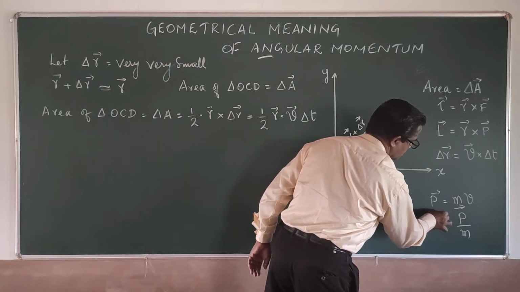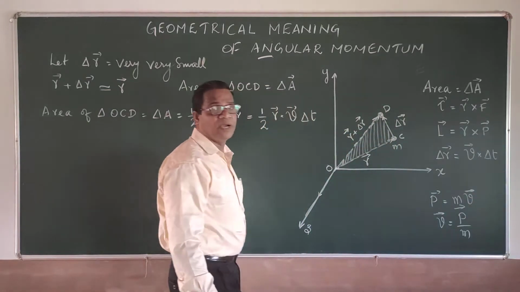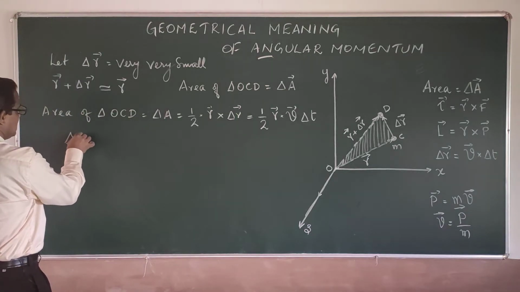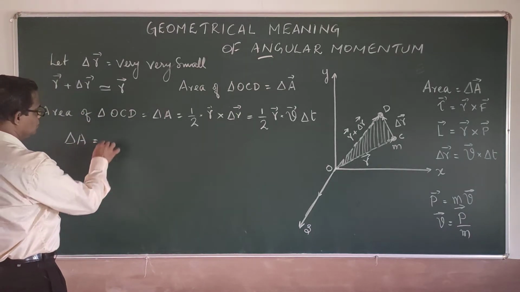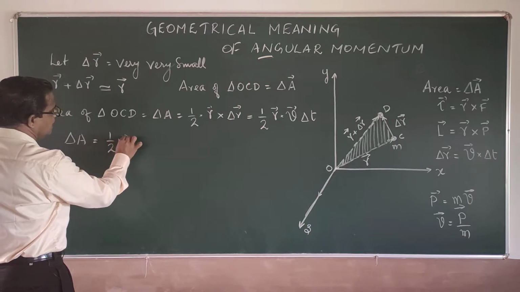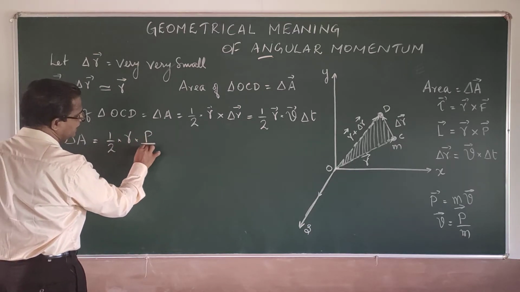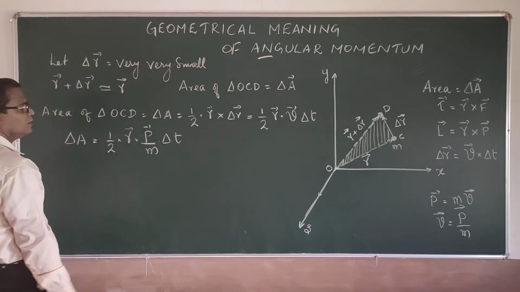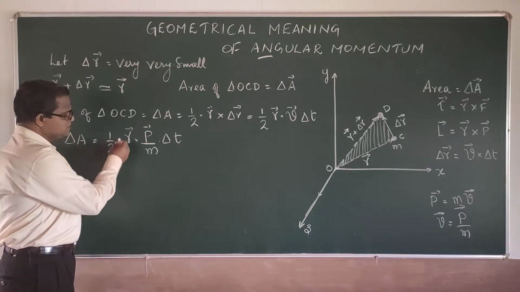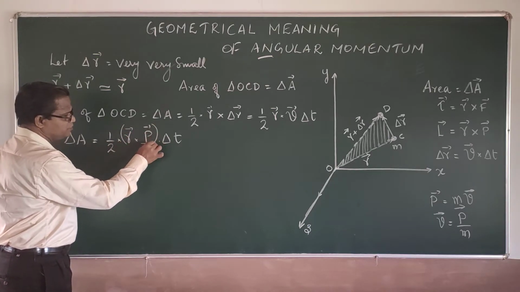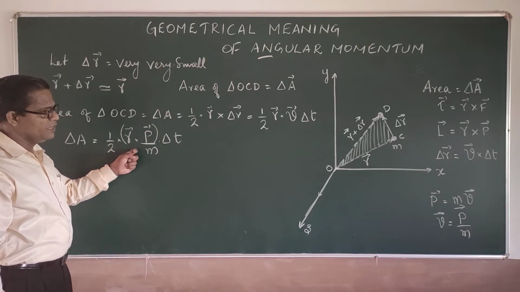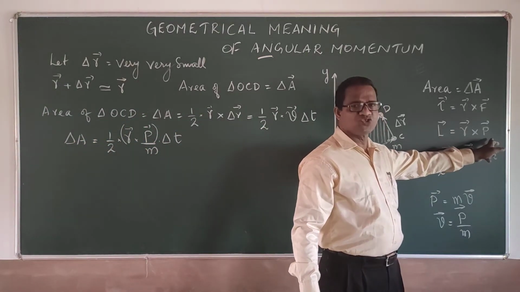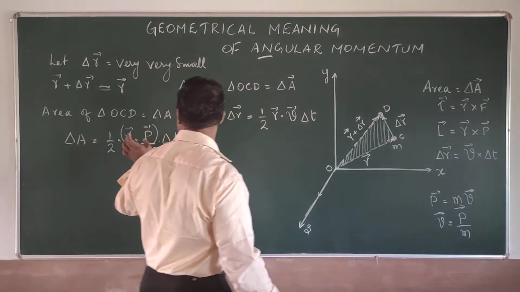Bringing p by m in, delta A equals half into r into p by m into delta t. Now you can see that r into p is coming here, and you know that angular momentum L is equal to r cross p.